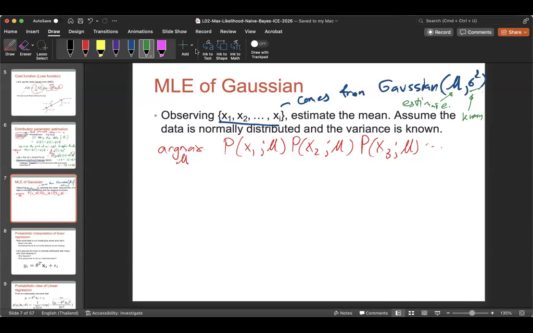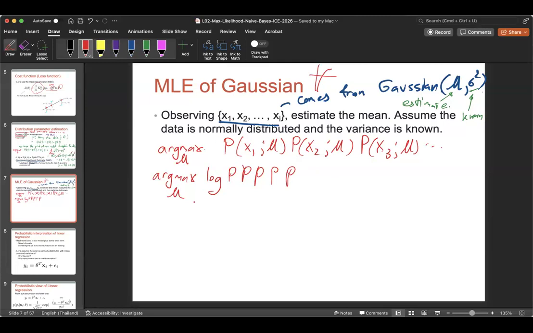Well, first we might say that maximizing this is the same as maximizing the log of this, because the log is a monotonic function.